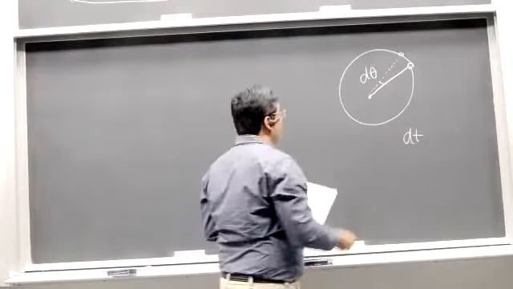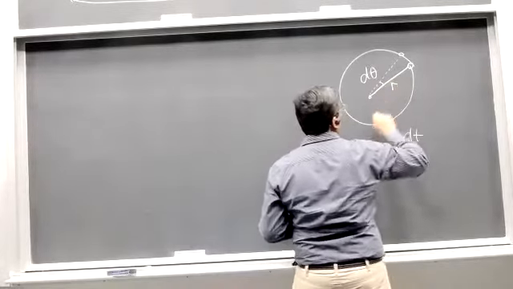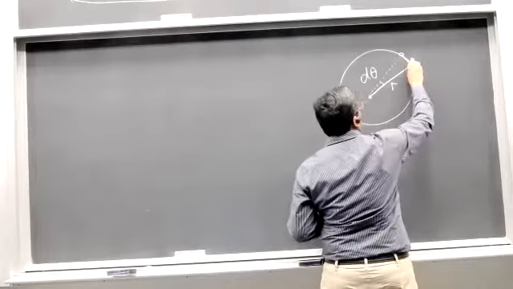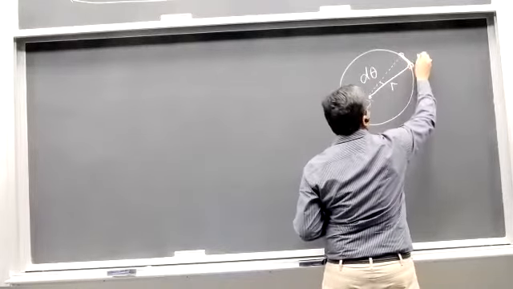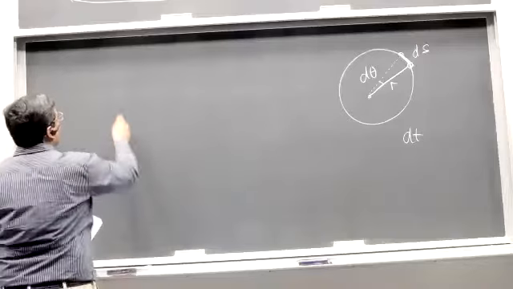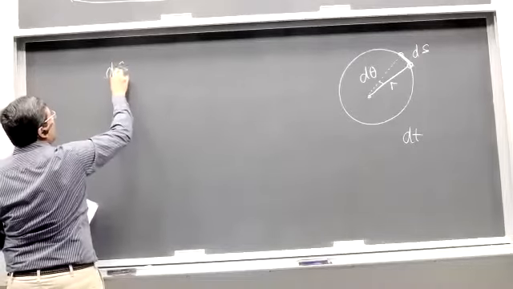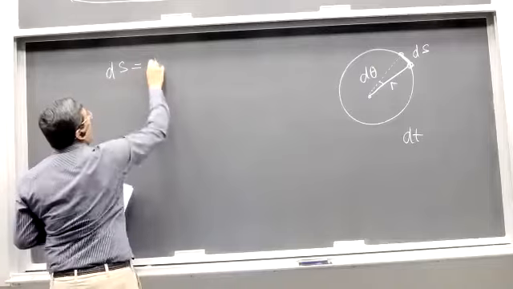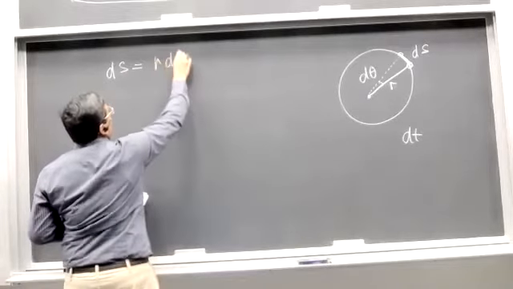Now, do you know the relationship? If the length is r, what is this distance? If I call it ds, it is r d theta. Yes. So ds, that small distance, is nothing but r d theta.